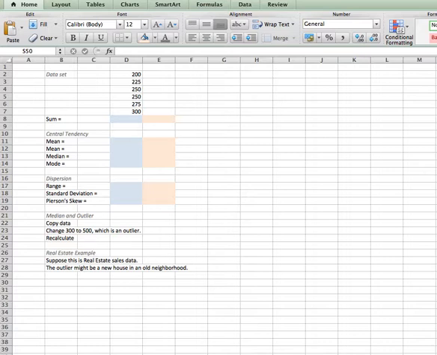Okay, let's look at some calculations using these concepts. In this spreadsheet, I have already entered some data. The data set is 200, 225, 250, 250, 275, and 300. Let's begin by summing it up.